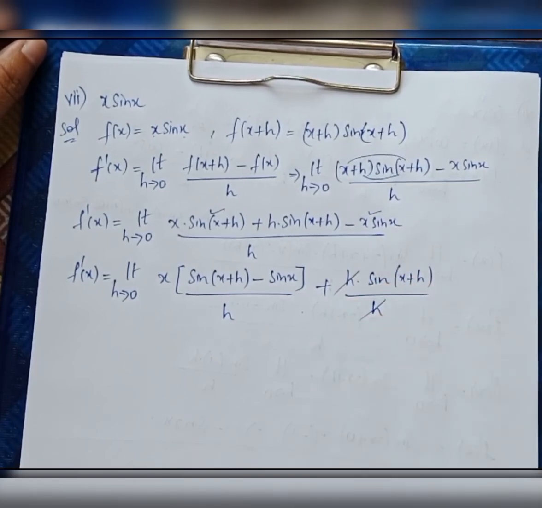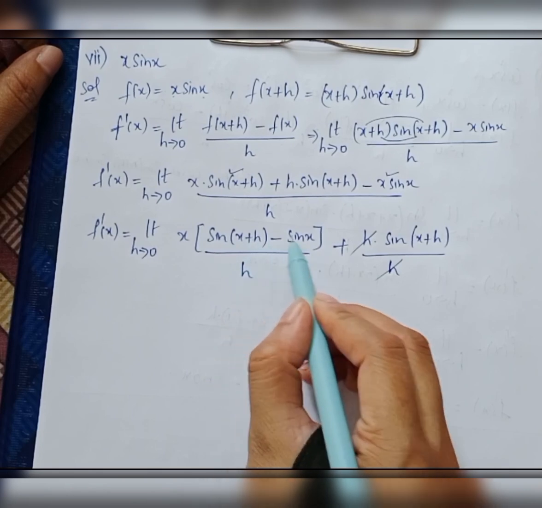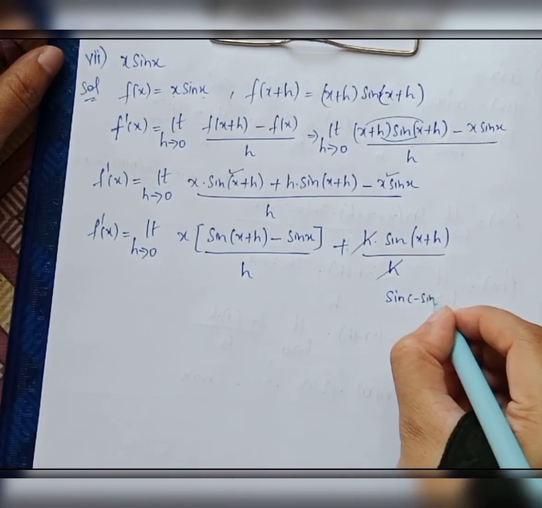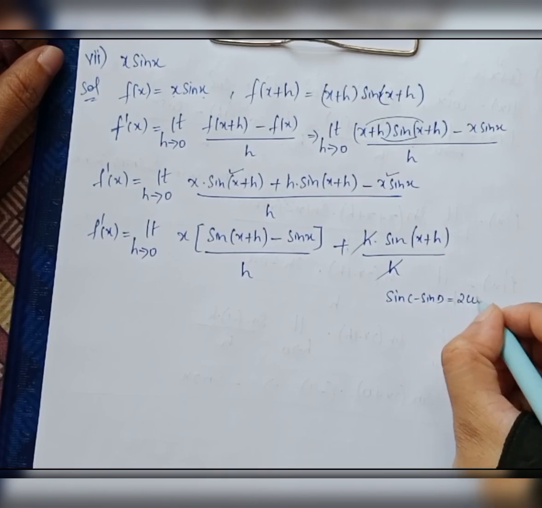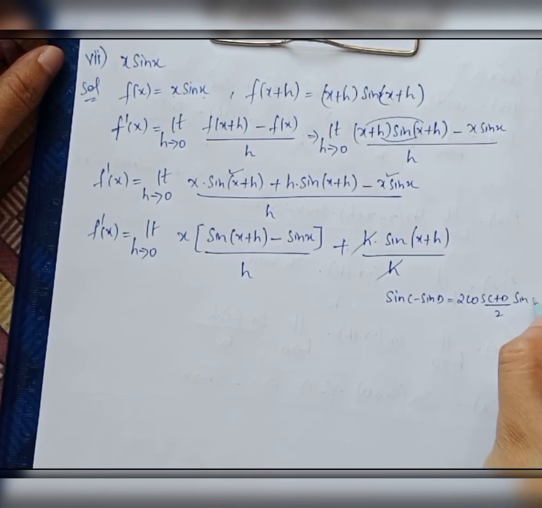This h gets cancelled. Now applying the formula of sin c minus sin d. The formula of sin c minus sin d is equal to 2 cos (c plus d) by 2 into sin (c minus d) by 2.